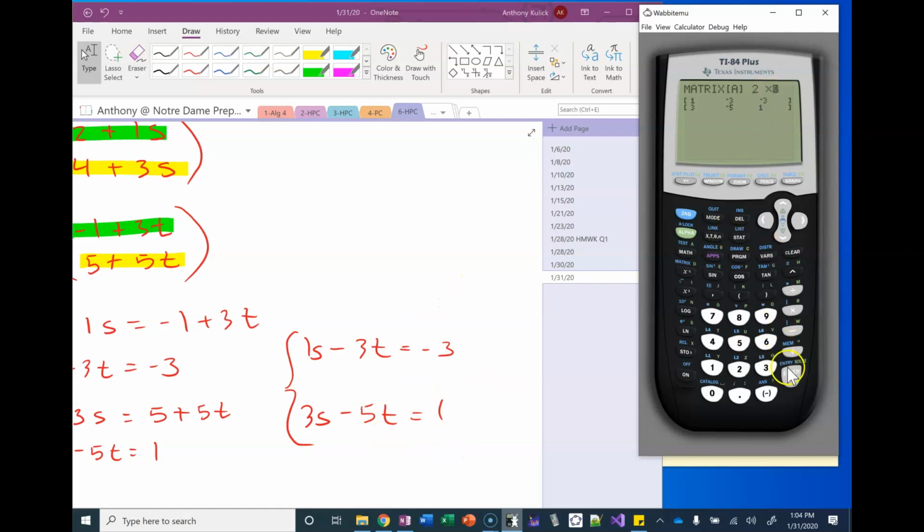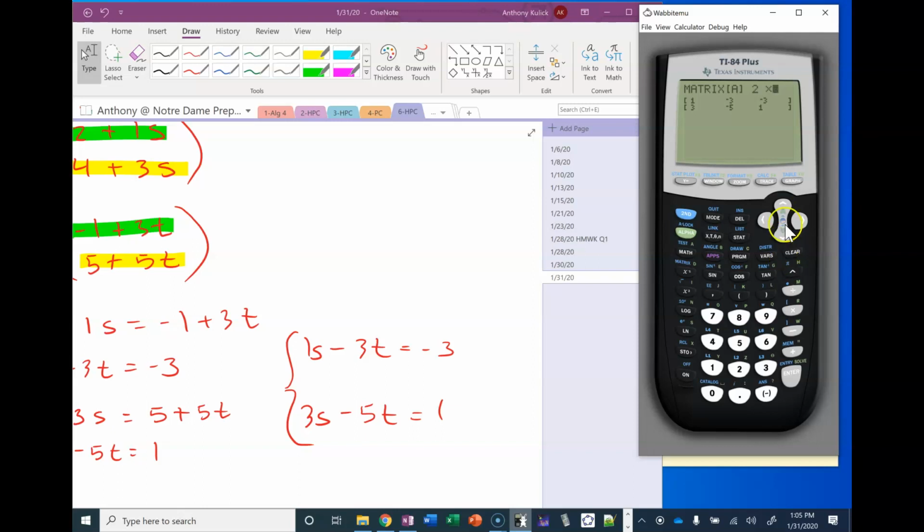So it's going to need three columns. For the first row, I'm going to type in the coefficients 1, -3, and then -3. For the second row, the coefficients are 3, -5, and then +1. You can see that I've already done this because I did this problem twice today already. Is everybody okay with how I've set that up on my calculator so far?